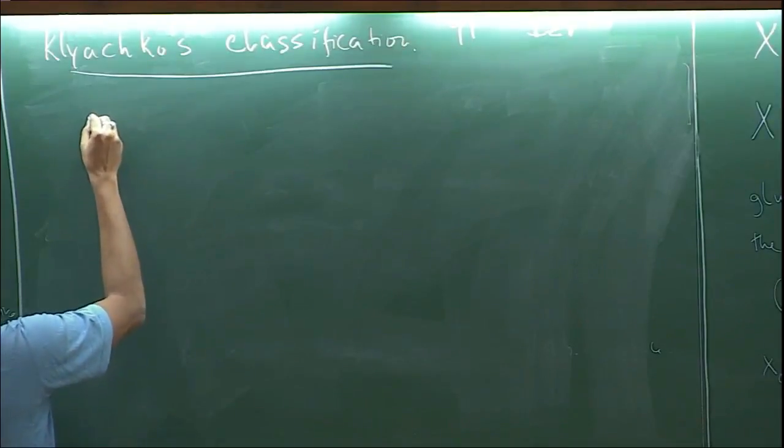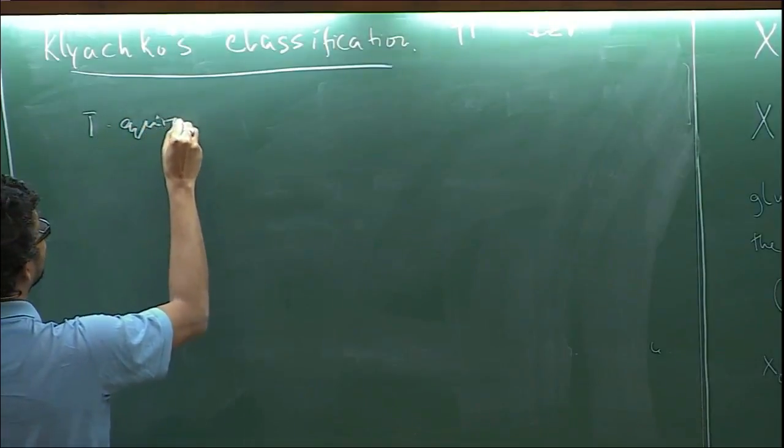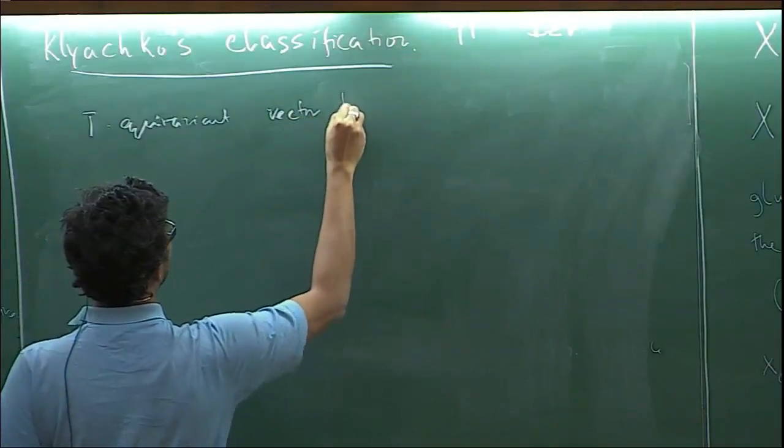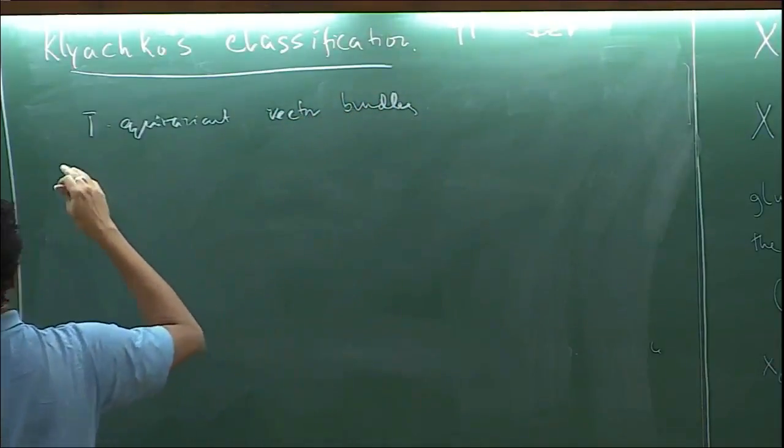So what Klyachko says is that T-equivariant vector bundles, and this is a categorical equivalence.